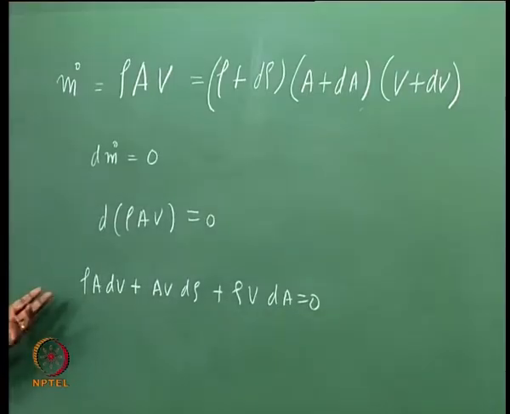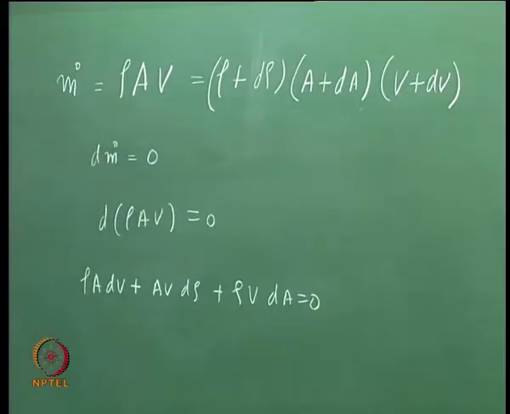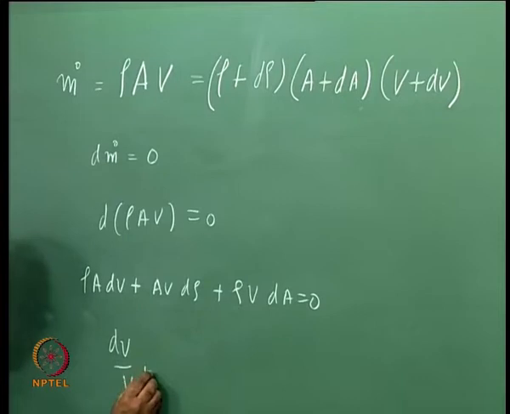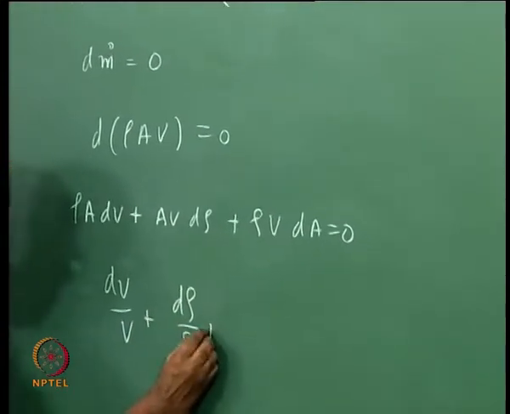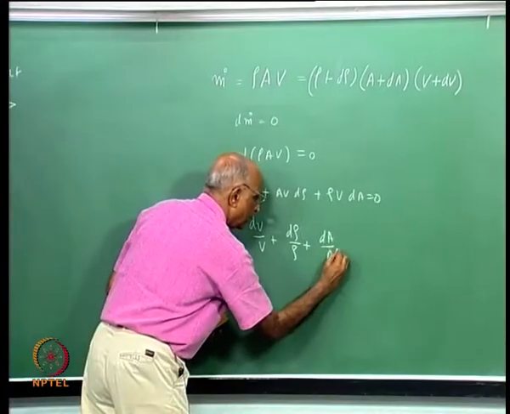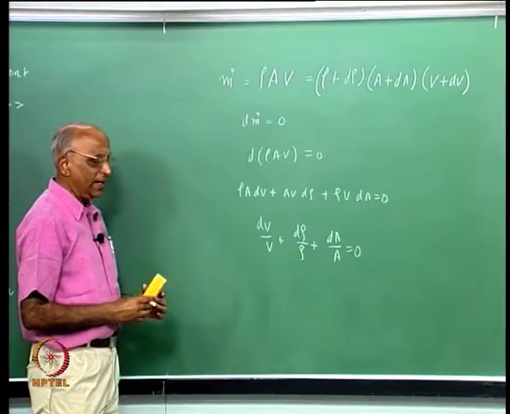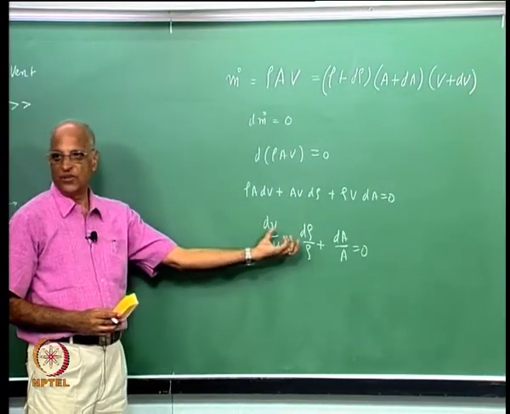Dividing this entire equation by rho A v, I get dv by v plus d rho by rho plus dA by A is equal to 0, and this becomes my mass balance equation in the differential form.